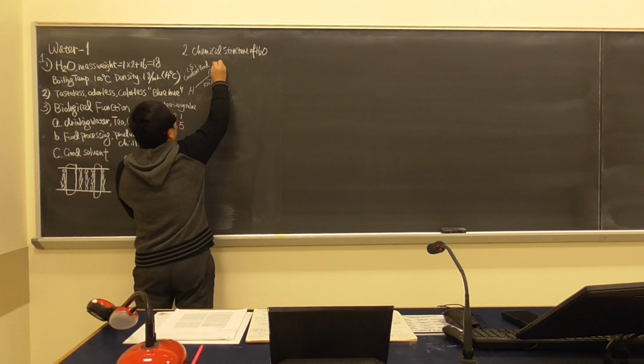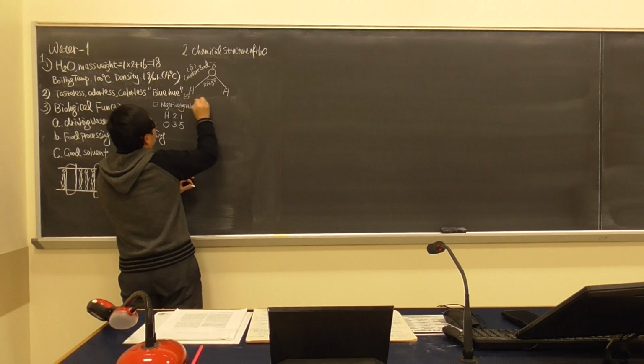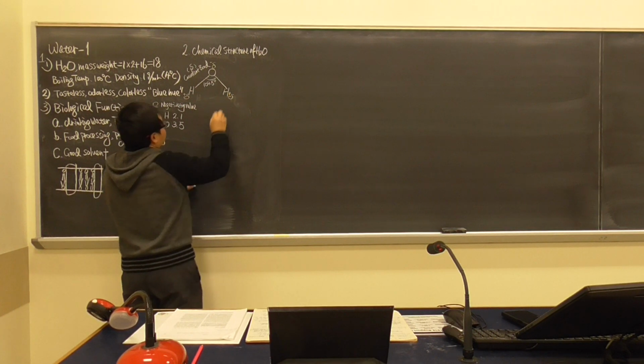So we usually write delta negative, and this is delta positive, and this is also delta positive.